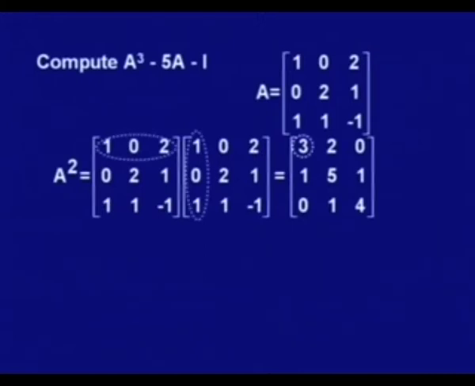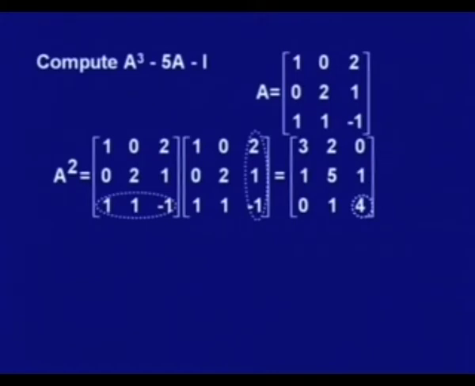Now, to compute this, if we multiply the first row and the first column of A, we get the element 3, and when the second row is multiplied by the second column, we get the element 5 as the element in the product matrix, and the next element, third row, third column gives 4. Similarly, other elements can be computed.